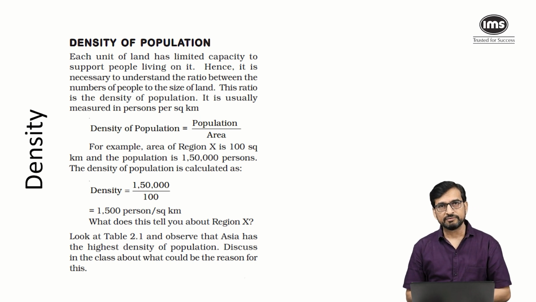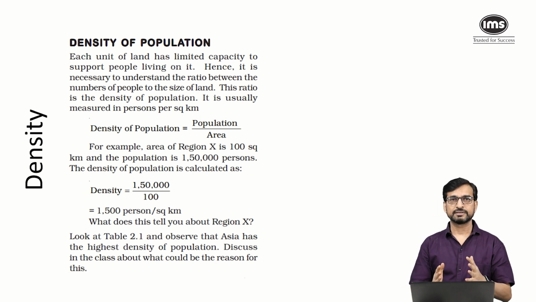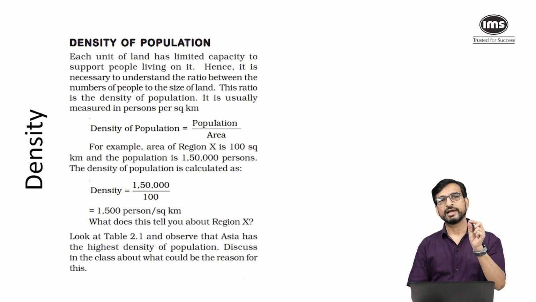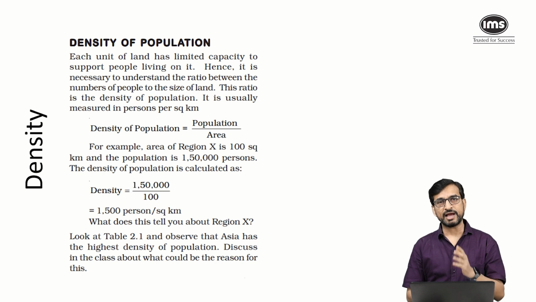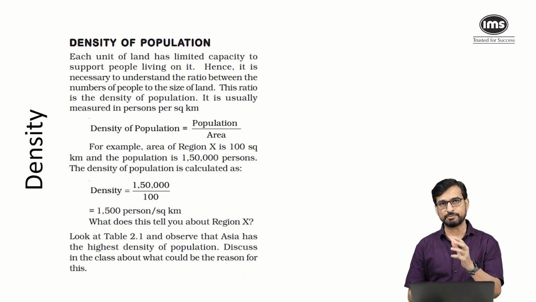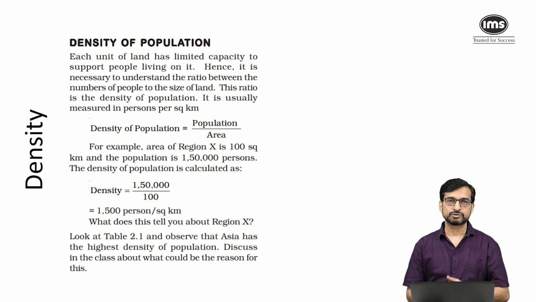Let's say we are studying the residents of a place called A. It has a population of 10 lakh, and the geographical area of that place, that country called A, is 1000 square kilometer. So 10 lakhs divided by 1000 will give you the population density.